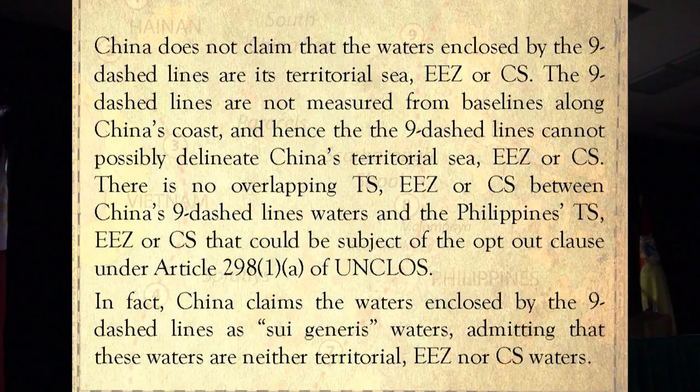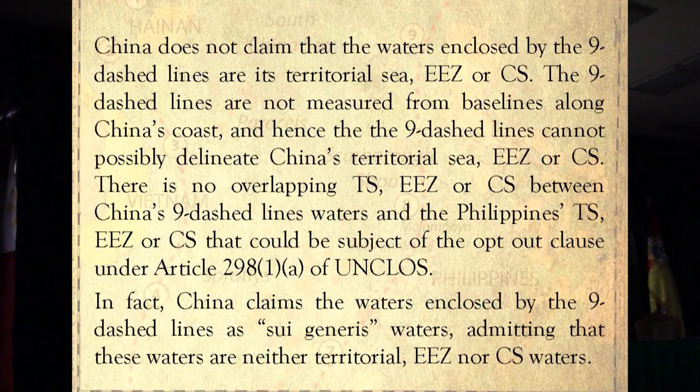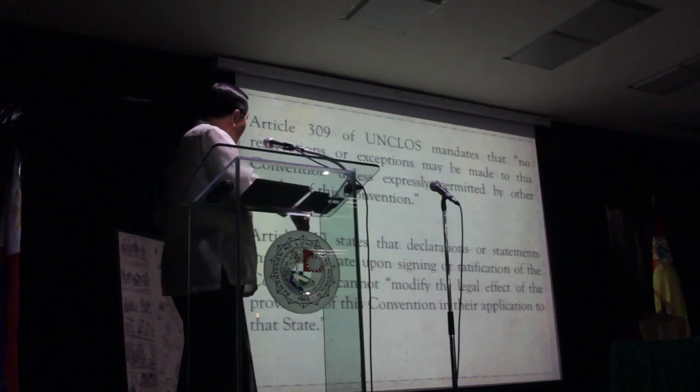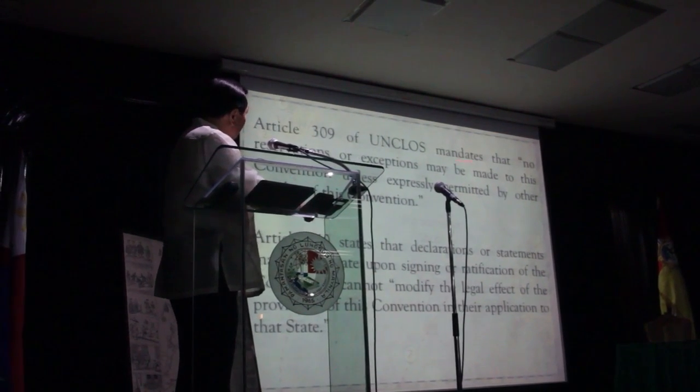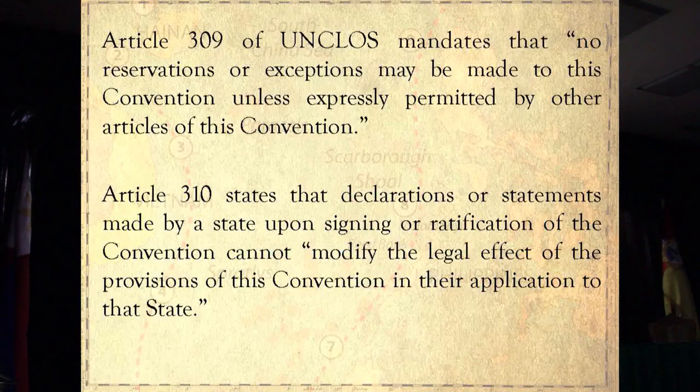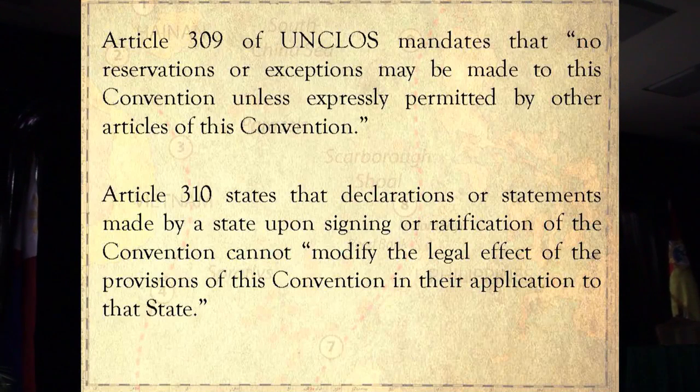China does not claim the waters enclosed by the nine-dash line as territorial sea. Now, China says sui generis. If it's sui generis, then it's not territorial sea, it's not EEZ, and it's not continental shelf. Next slide. Okay. UNCLOS also says, Article 309, no reservation or exception will be made to this convention unless expressly permitted by other articles of this convention.